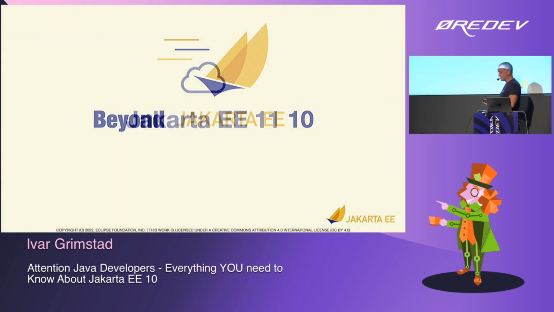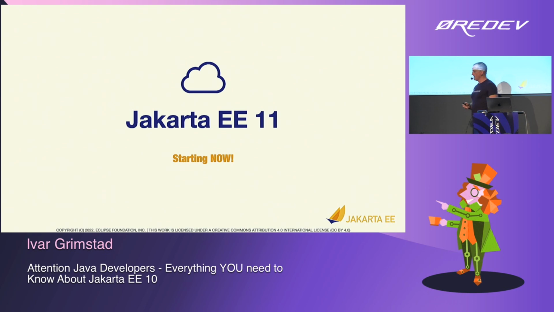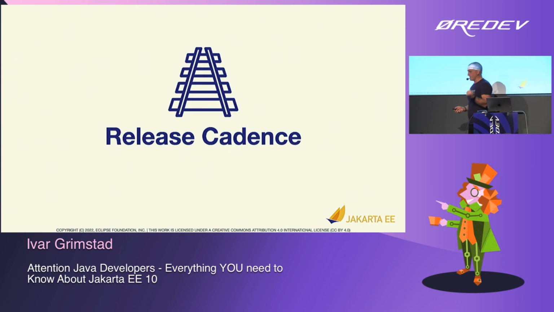All right, beyond 10, I'll briefly go through this. EE 10 is out, so 11 is the next one. We have started working. What we're discussing now is the release cadence. Should we tie it to the Java SE versions, or should we continue on the way that we have something feature ready and then release it? Should we have a fixed cadence?